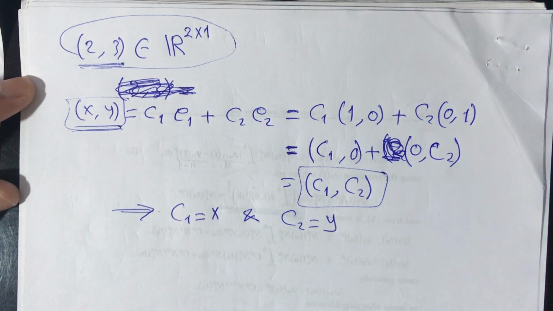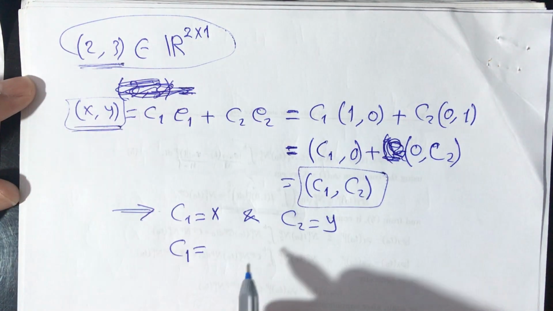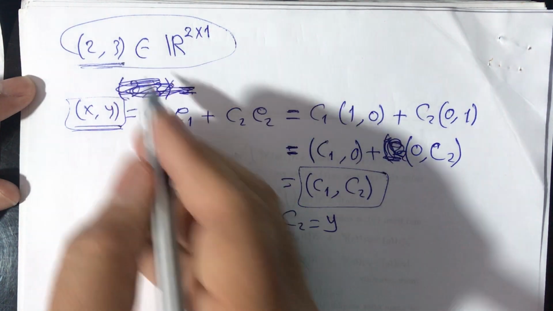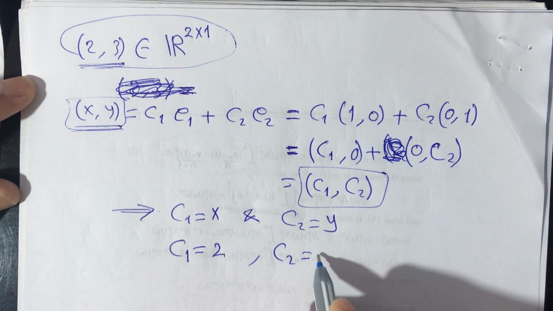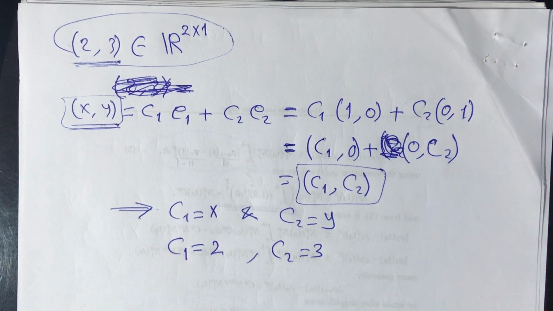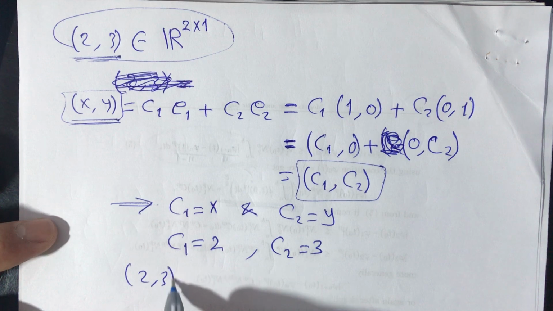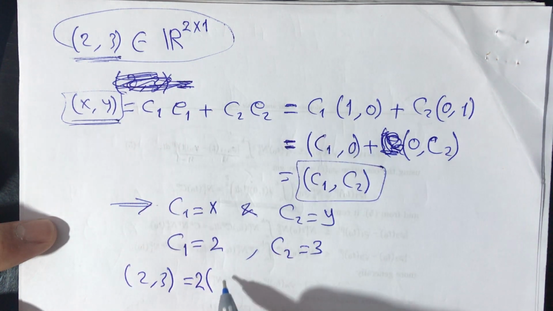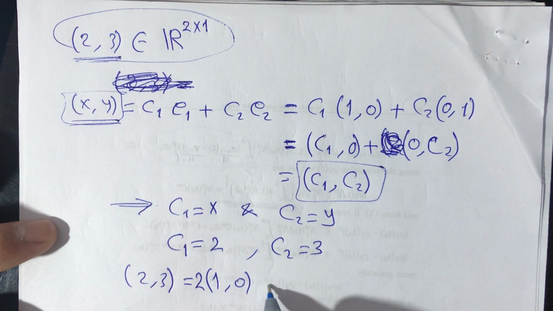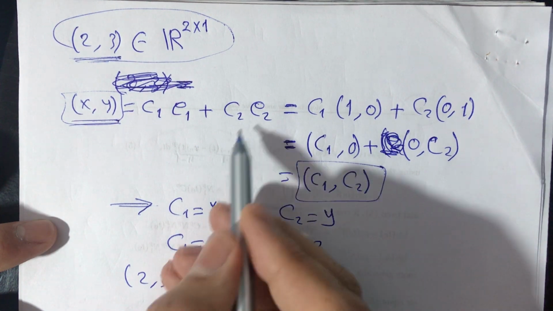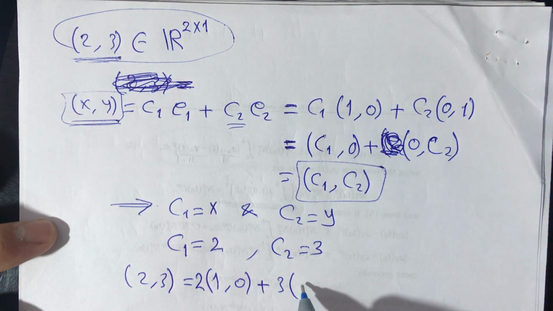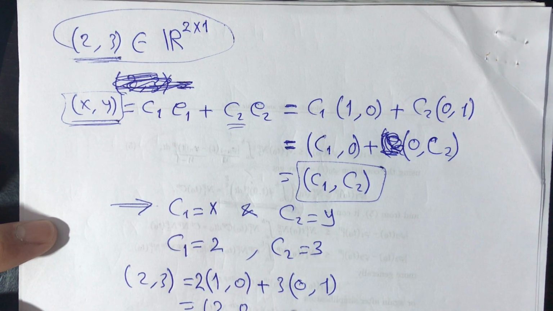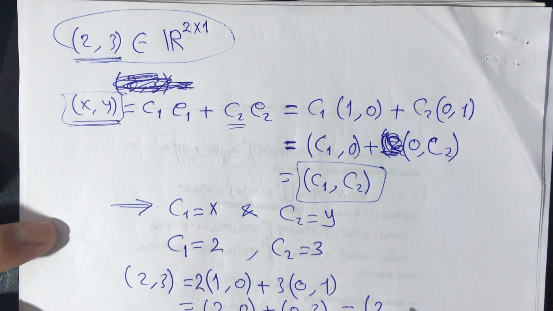So we can choose C1. What about x here? 2. And what about y? C2 equal to 3. So now (2, 3) is equal to 2 times E1, (1, 0), plus 3 times E2, (0, 1), and if we sum this, 2 0 and 0 3, this is (2, 3).